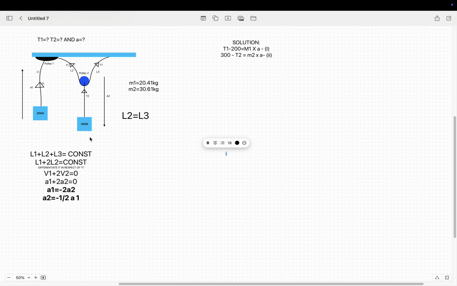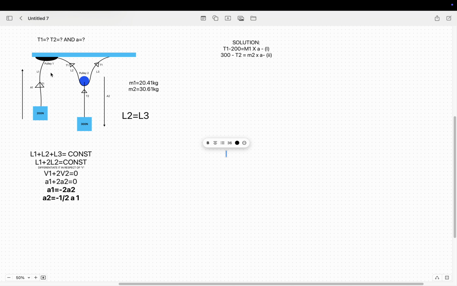Now notice another thing: for the tension T1 and here the tension T2, it's a common rope, right? The tension is T1, and this rope is the same rope which is weighing pulley 2. So the tension T2 against the 300 Newton object will be equated to twice T1.